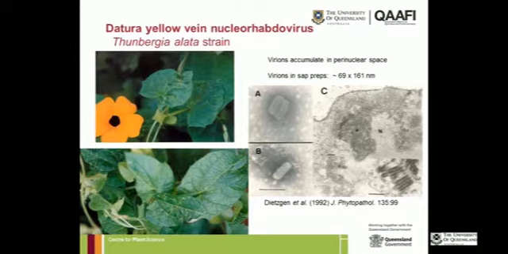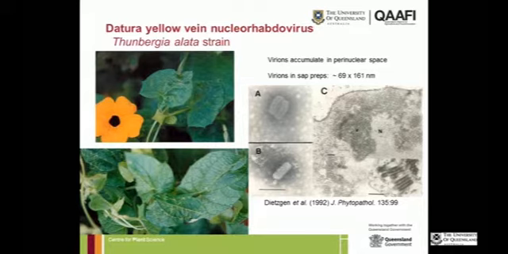I'd now like to show you some data we've recently obtained on a nuclear rhabdovirus. In Australia, it's called Datura yellow vein virus. It infects Datura, it infects tomatoes, and it infects an ornamental plant called Thunbergia alata, or black-eyed Susan. This is a nice flower.